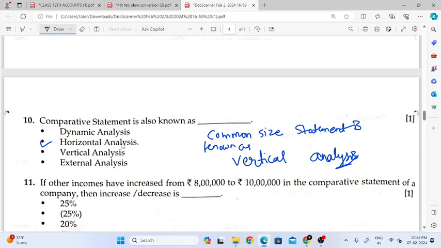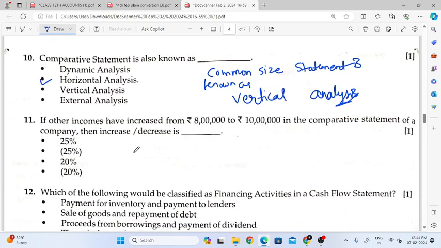Okay, then if other incomes have increased from 8 lakh to 10 lakhs in the comparative statement of a company, then increase or decrease is what? So we have to find the increase and decrease in the comparative statement. How are we going to do it?